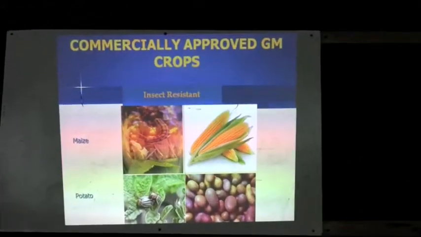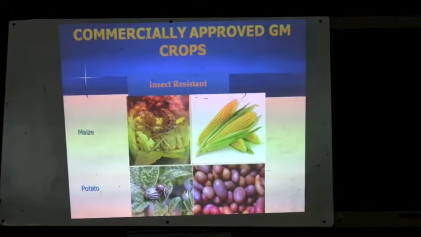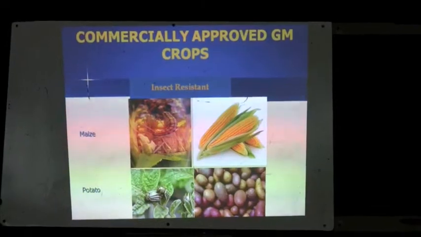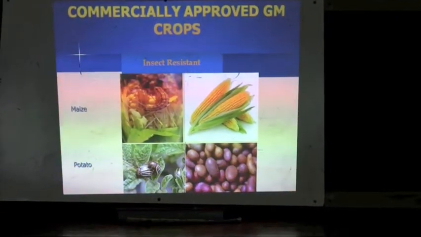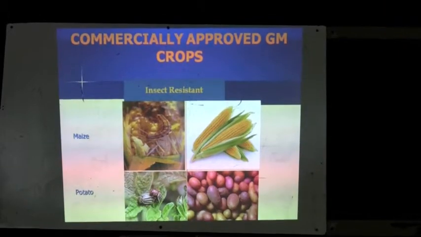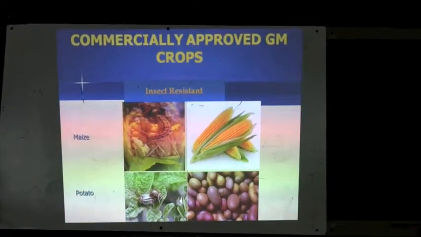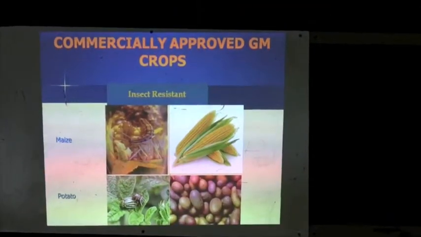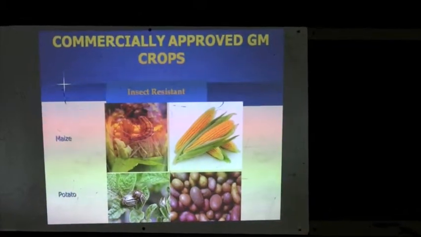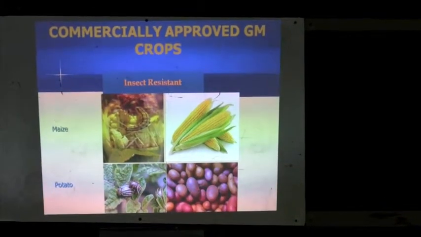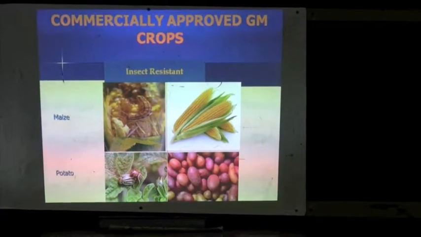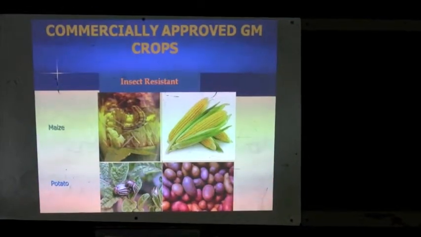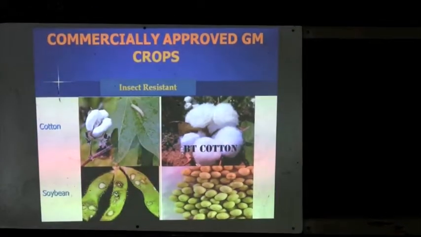The data also show that there have been a number of crops that are commercially approved, genetically modified crops, and those for insect resistance that have been named: maize. We can see damage caused by the corn earworm, and with a biotech crop, there is no damage. With potato beetle, tremendous damage there, and you can see with reduced insect damage, you can have a better yield of potato.